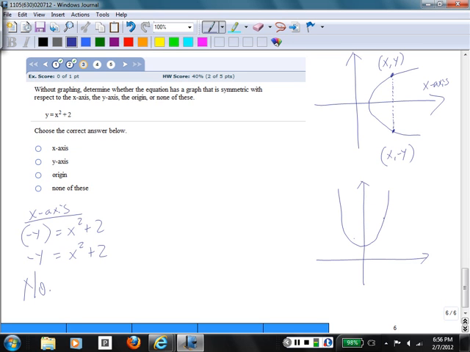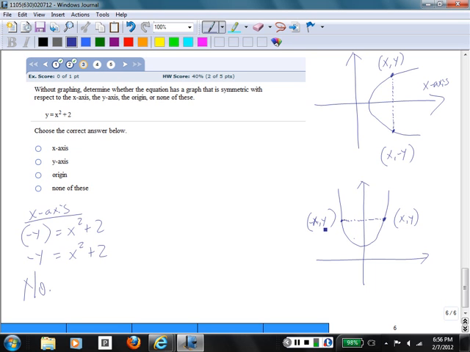If we have a point on the graph, x, y, and the graph does have y-axis symmetry, if we march directly across the y-axis out the other side, the same distance, what would be the coordinates of this point? Negative x, y. Same y, opposite x. So if x, y is on the graph, negative x, y has got to be on the graph.